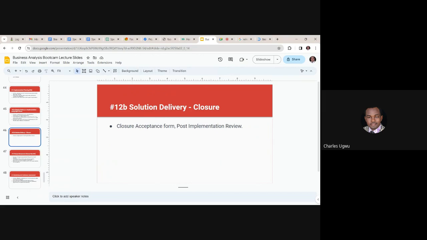And then the team, where the business analyst will be part of, we equally have a post-implementation review to review and see what they've done, lessons learned, areas of improvement, and document all their activities and experience. And that will bring the project to a conclusion.